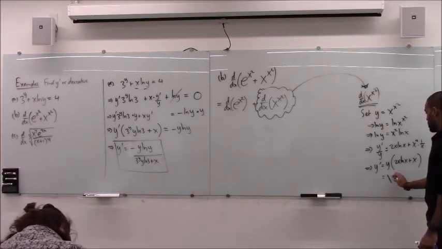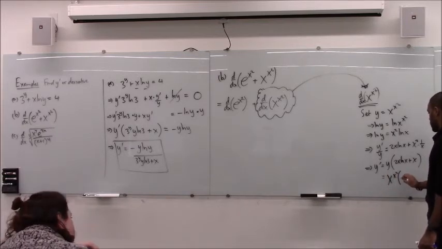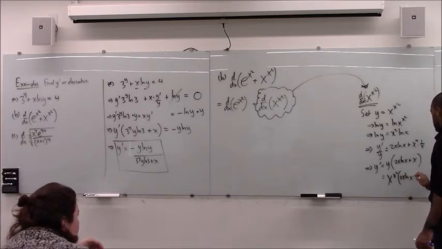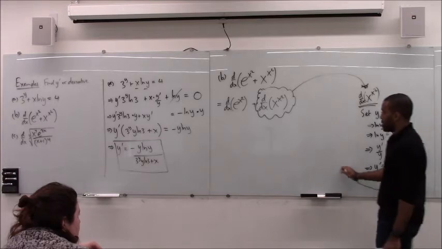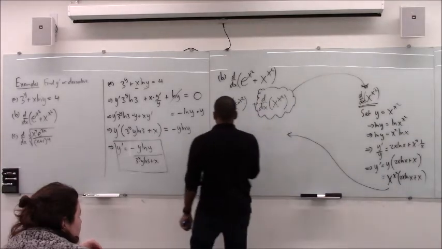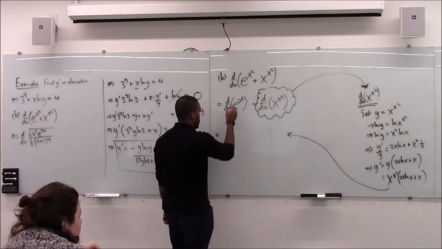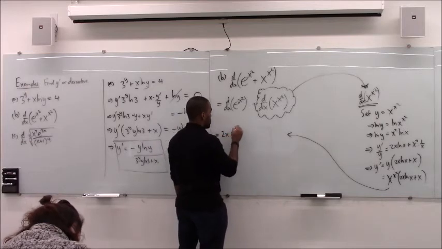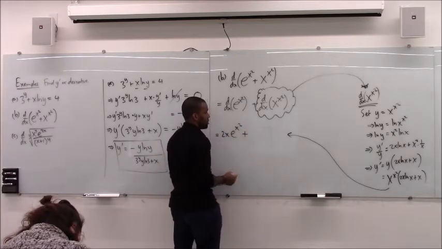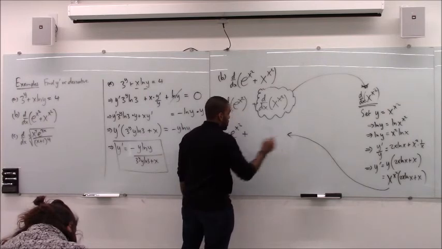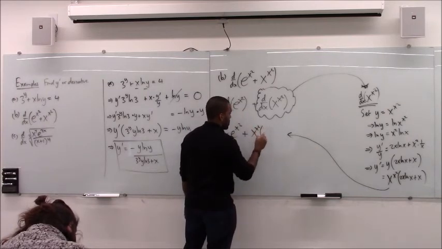That's x to the x squared times 2x ln x plus x. Then you go back and plug this in here. To find the derivative, this one is u prime e to the u, plus this guy, which I did separately: x to the x squared times 2x ln x plus x.